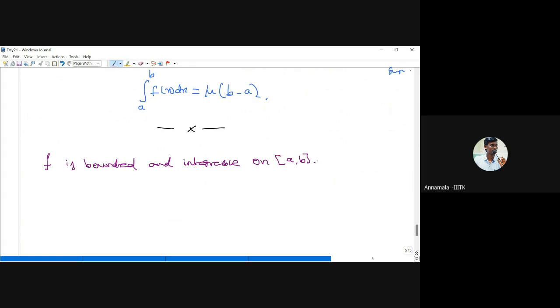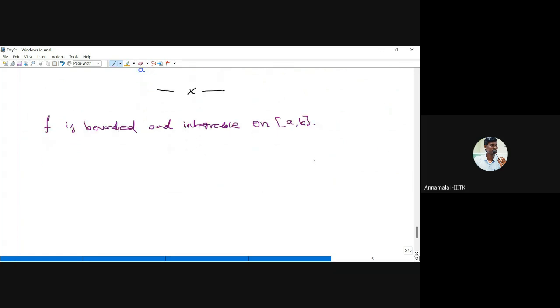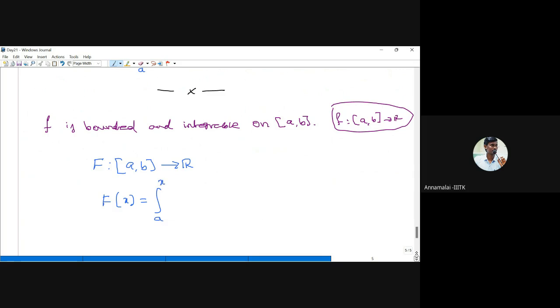Now we define a new function, capital F. Actually, this small f is a function from the closed interval a comma b to R, bounded and integrable. Now we define a new function capital F from the same closed interval a comma b to R, defined by F of x, for any x, to be the integral from a, which is fixed, to the upper limit x, which is varying, of f of t dt.